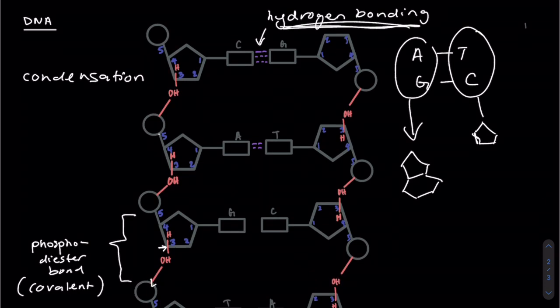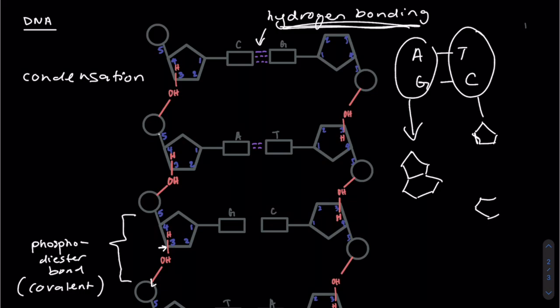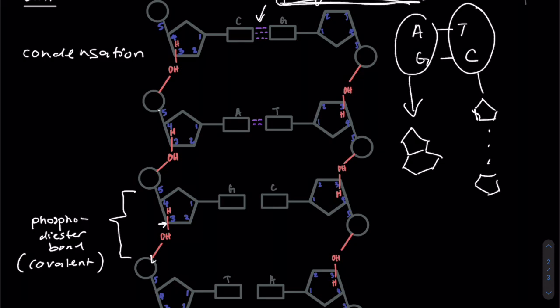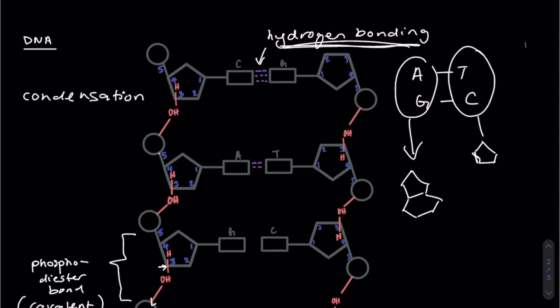So if thymine were to bind with cytosine, there just wouldn't be enough space for a bond to properly form. However, if two purines were to bind, then it would just be too squashed together because they're both too big. So that's why we have this complementary system with A binding to T or uracil in RNA and G binding to C.